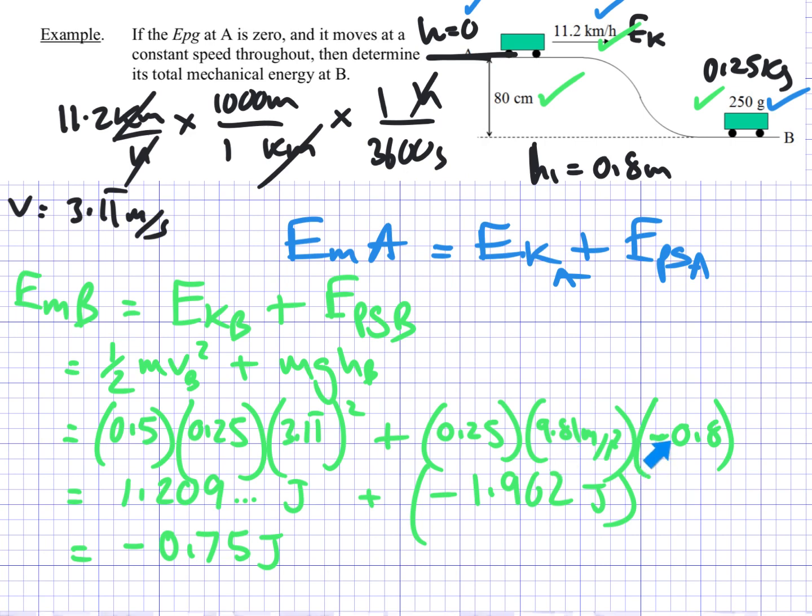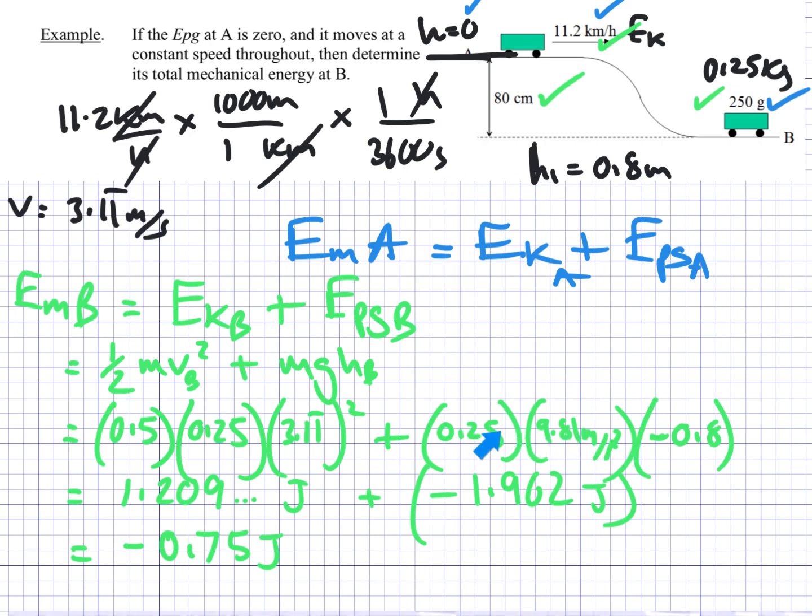Now, interesting, look, this is a negative, so this is important. We defined our reference point to be here, this 0 point, which is a little unusual, but totally fine to do. You can define your reference point to be anywhere you like, and that is set by the question or the scenario. And that means that the change in height is actually downwards. That's a negative displacement, so it's going to be a negative sign.